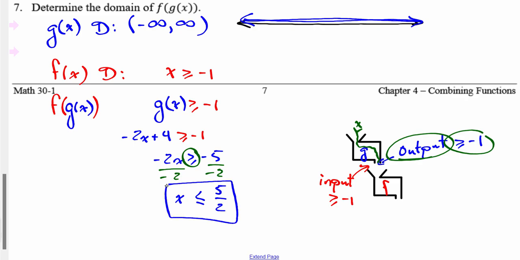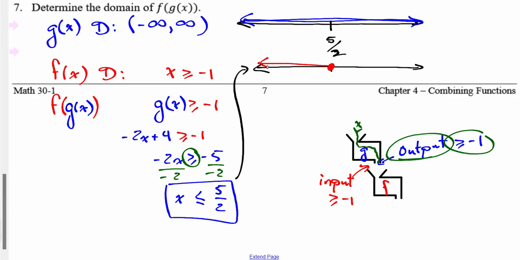So this restriction, if I'm to put it on a number line up here, says at this point, and I'll put it on there as well, I have 5/2. Halves. There we go. And my x value has to be equal to this or less than.